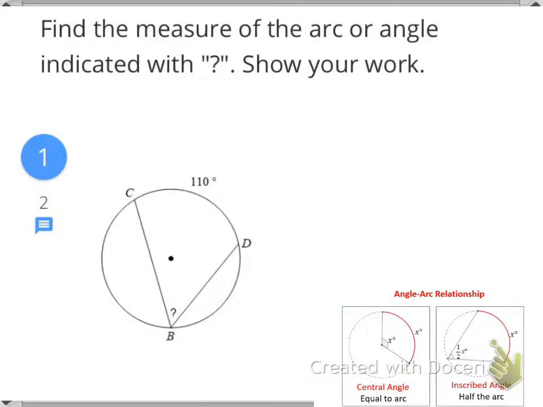Okay, so on the very first one, this is called the central angle, and this one is very straightforward. Basically, whatever the central angle is, it's the same degree that the arc measures. Let me go ahead and create an example.